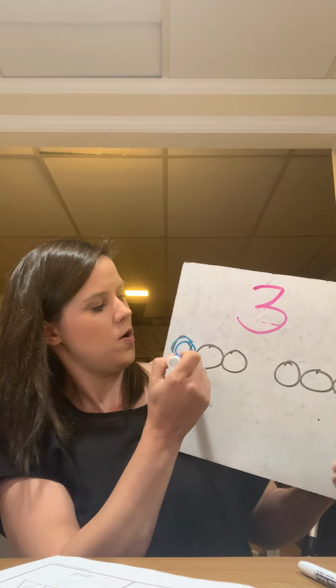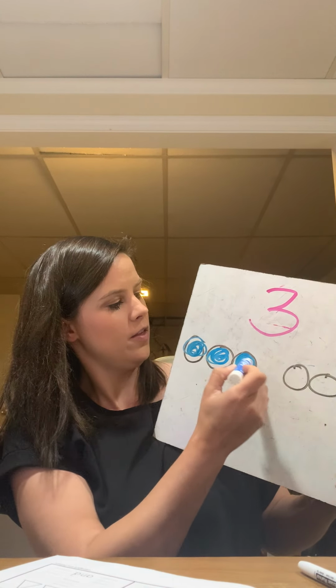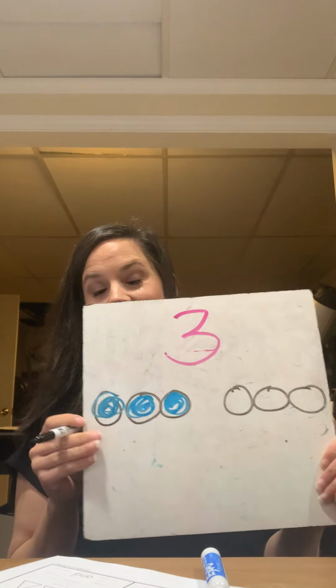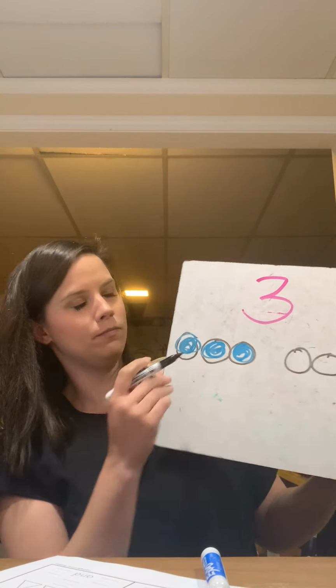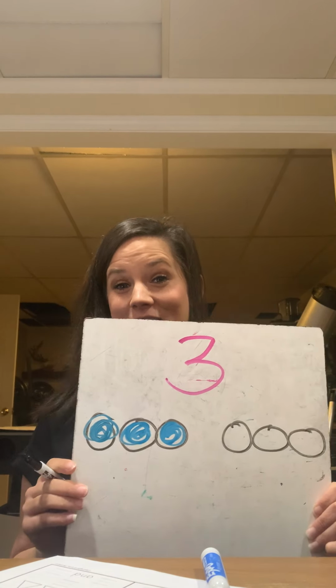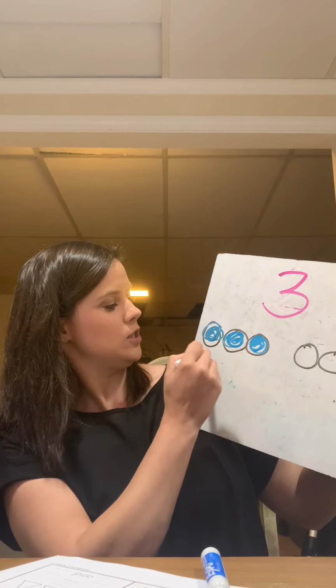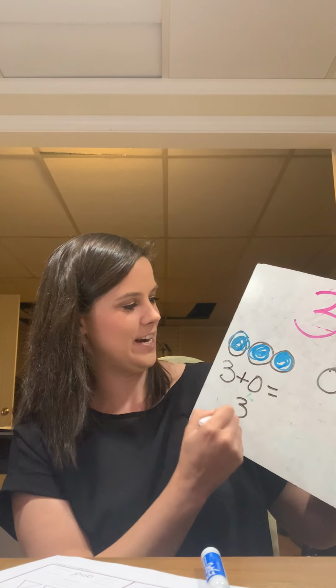So that's 1, 2, 3. That's 3 blue. How many did I shade purple that time? I shaded 0 purple. So that's 3 plus 0 equals 3.